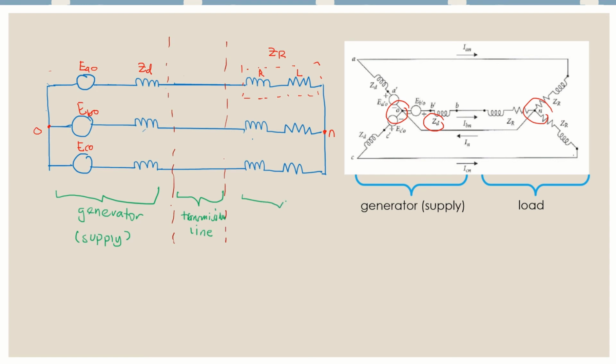And this part here I'm going to call load. So if you see here, there's a current, and we're going to label that as IAN for phase A. This is IBN for phase B. This is ICN for phase C.